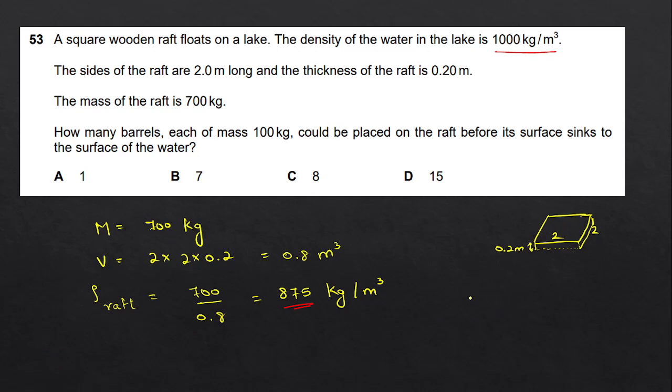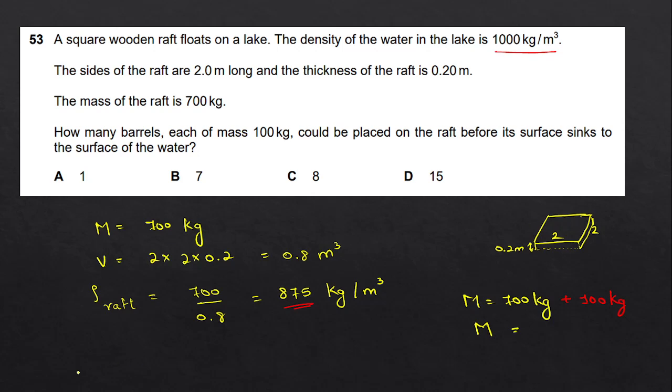The mass of the raft is 700 kgs, and each barrel has a mass of 100 kg. So if I add 100 kgs onto it, the total mass becomes 800 kgs. So the total mass is 800 kg with the barrels.